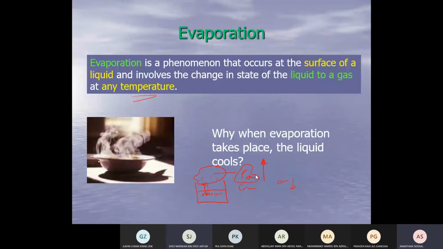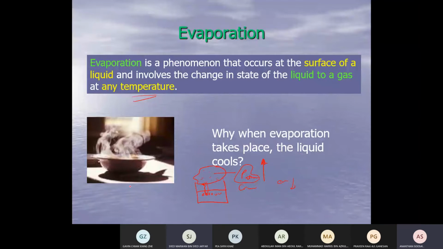Recall back why when evaporation takes place, the liquid cools. Another main difference is that evaporation causes a cooling effect after it happens, but boiling does not give a cooling effect. Does evaporation need external energy?